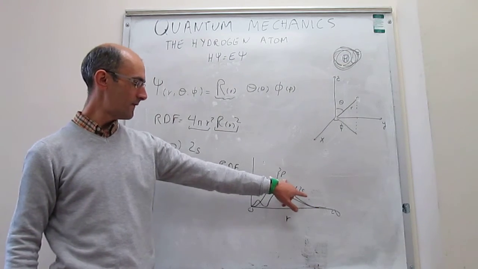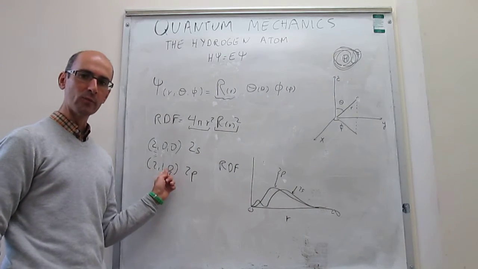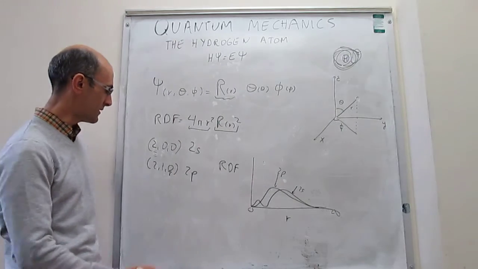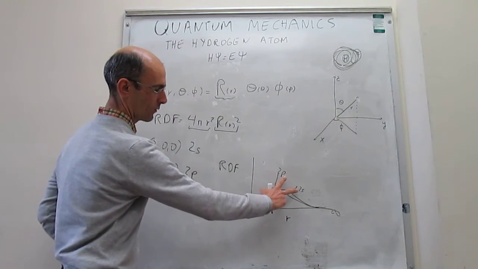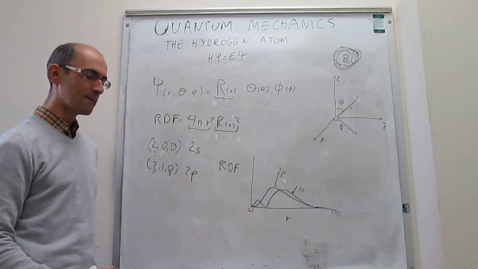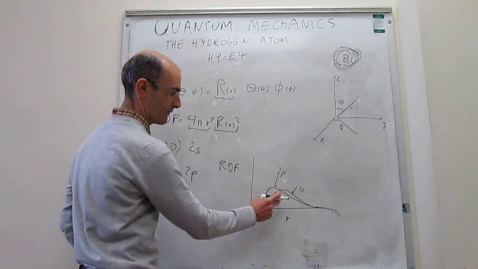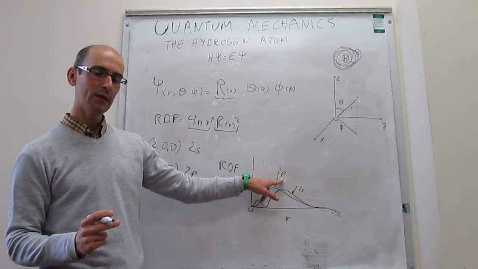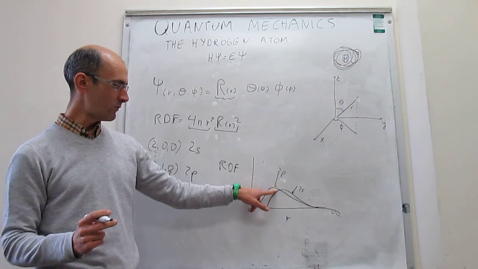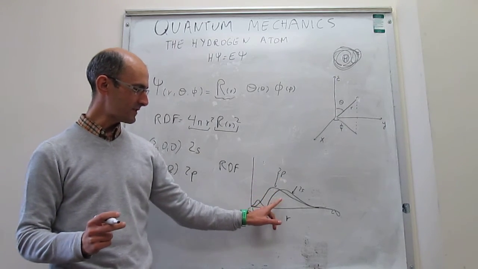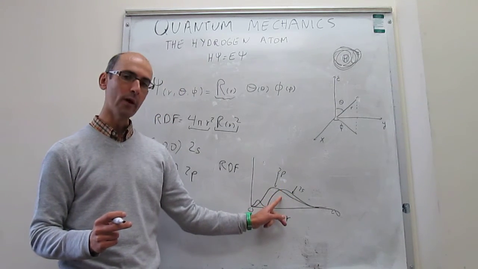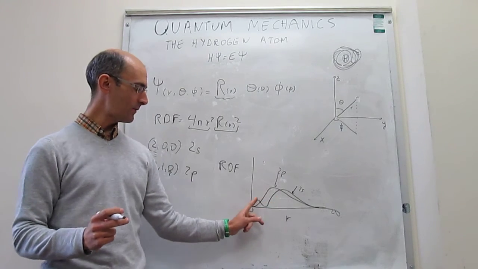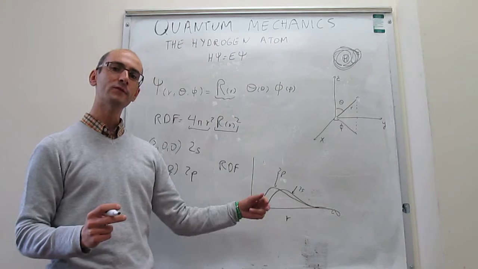That is because the angular momentum quantum number does not determine the size of the orbital to as large an extent as the principal quantum number does. These two wave functions have the same principal quantum number, so their size is about the same. There is a difference in the number of nodes, where the 2p doesn't have any nodes. Now, if we were to plot the 3p radial distribution function on top of this one, we should expect to find that the 3p would extend further than the 2p, and it would have one more node than the 2p. For the 4p, it would extend even farther, and it will have 2 nodes.